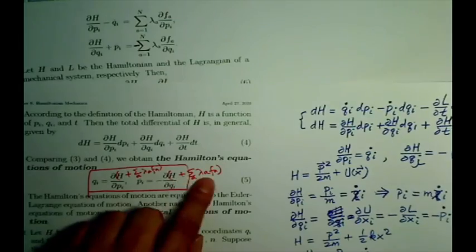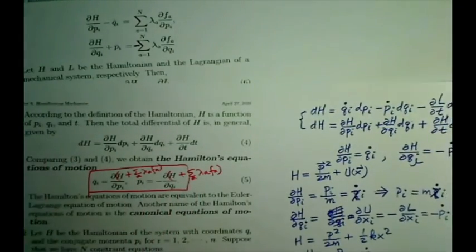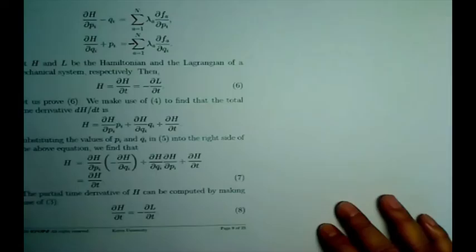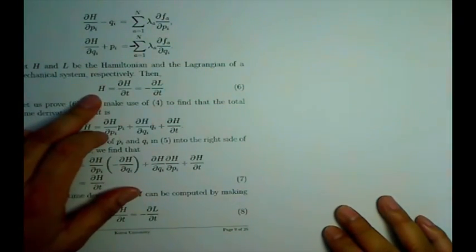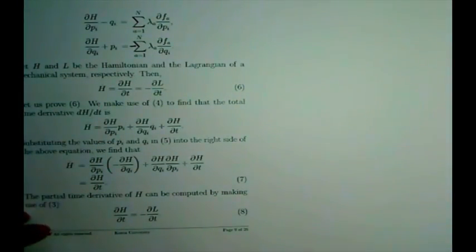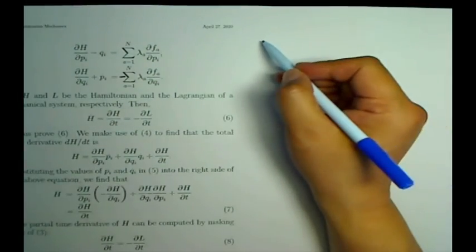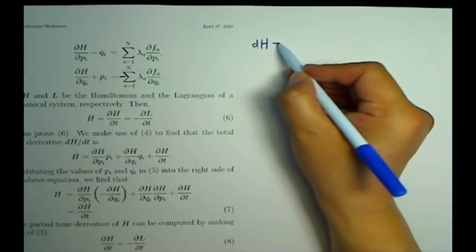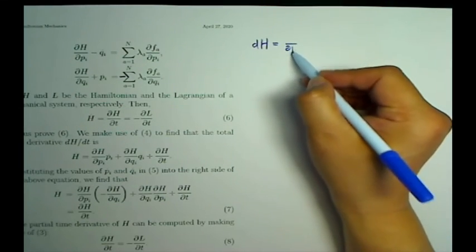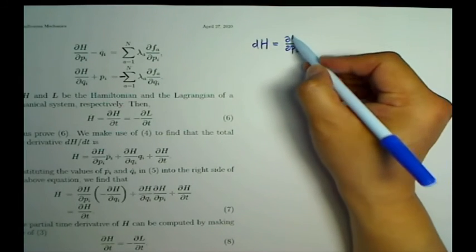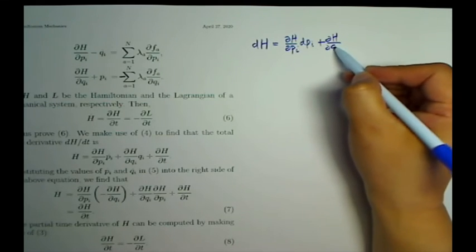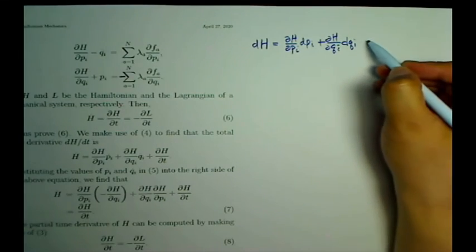By adding a constant, we can derive the equation of motion for the constraint system. And the total derivative, let's see, we have H, dH, partial H over partial pi dpi, partial H over partial qi dqi.